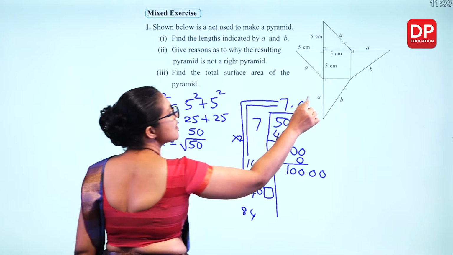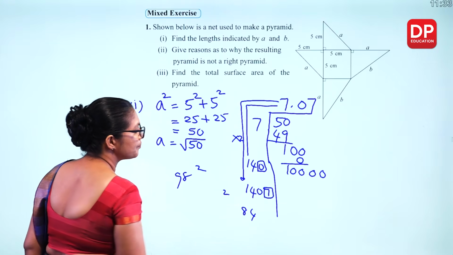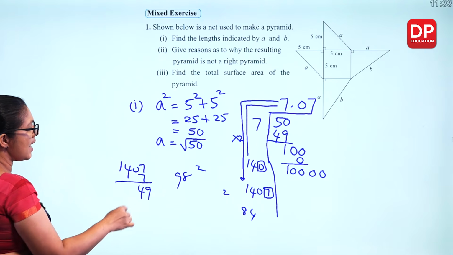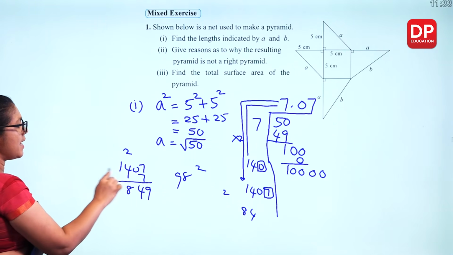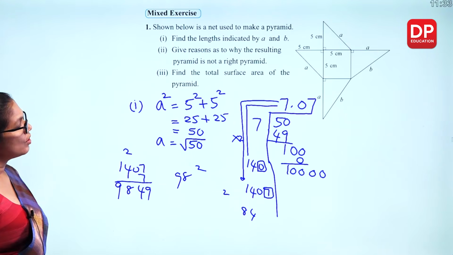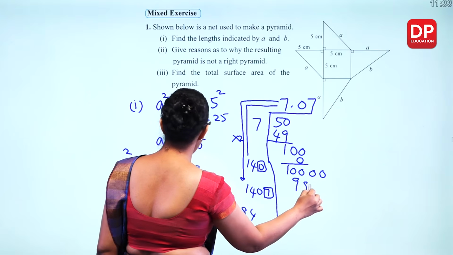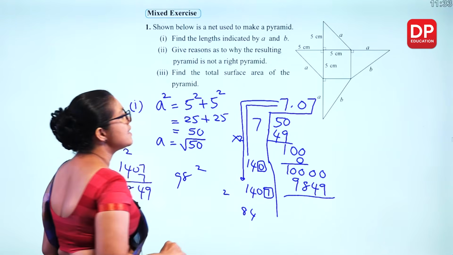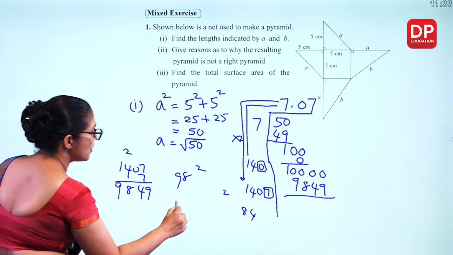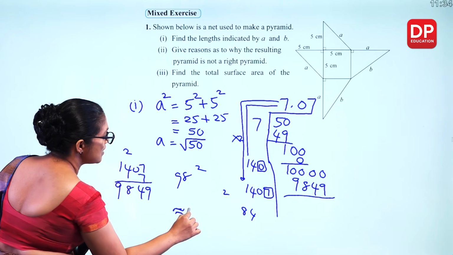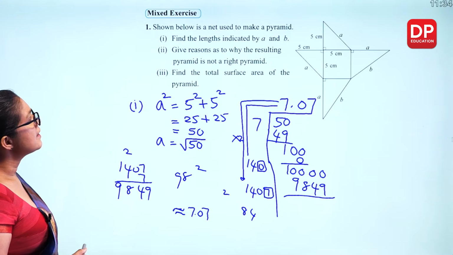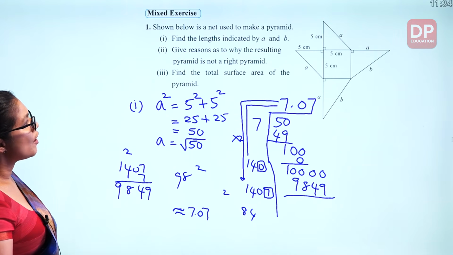So 7 works. 7 times 1407 gives 9,849. So roughly 7.07. So what's the square root of 50? We can write 7.07. So that's the length of A. How can we find the length of B?